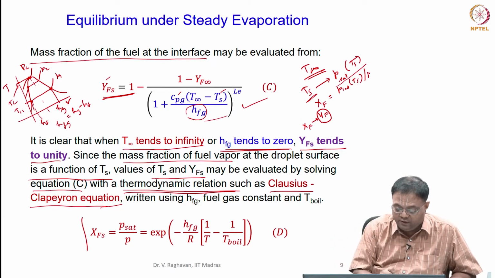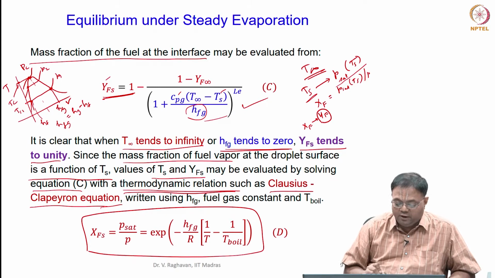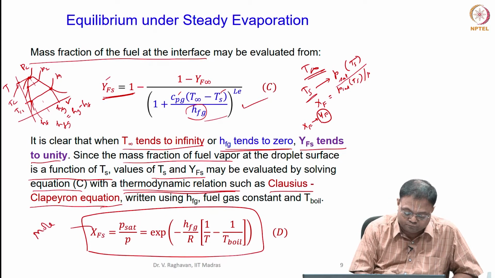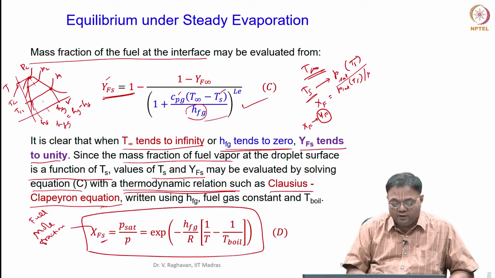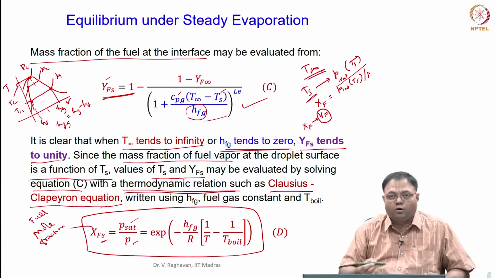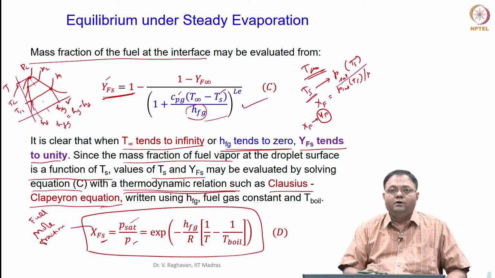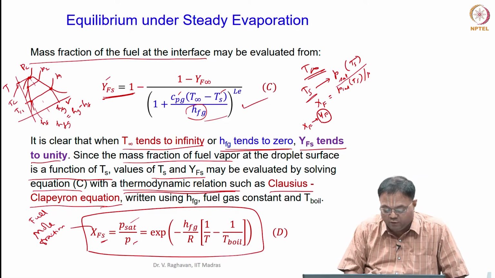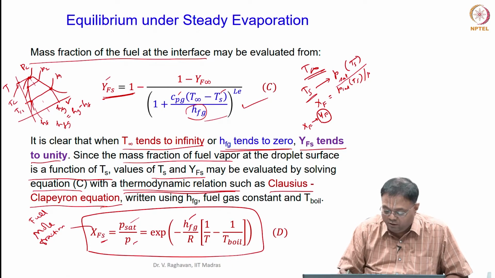So, now this is the Clapeyron equation, in which you can see that the mole fraction of the fuel at the interface is nothing but the saturation pressure by the total pressure, that is the pressure ratio, partial pressure, equal to exponent of the latent heat of vaporization of the fuel divided by the specific gas constant.